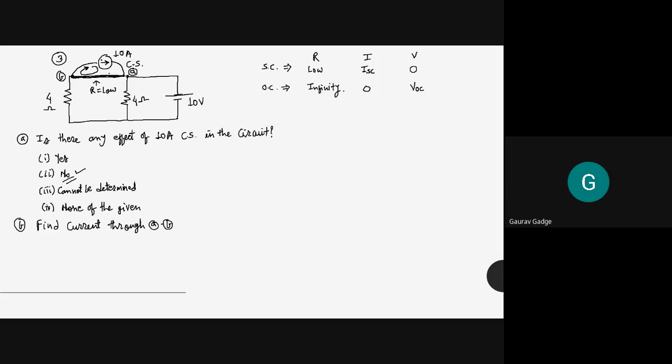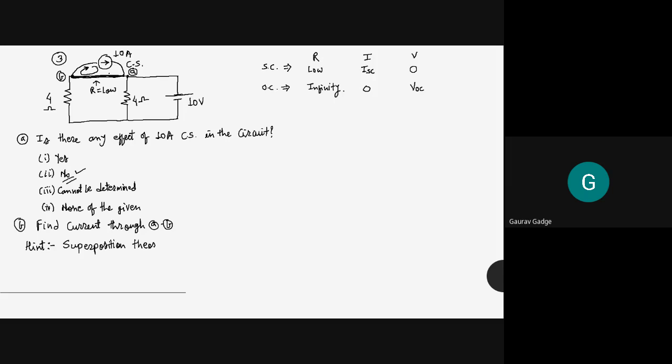How many sources are present in this network? There are 2 sources present. So, hint, you can apply the superposition theorem here.